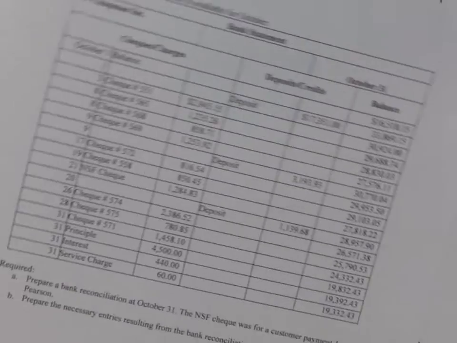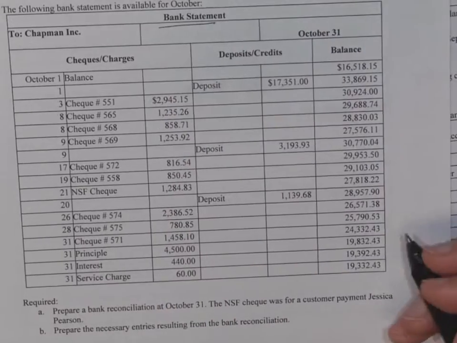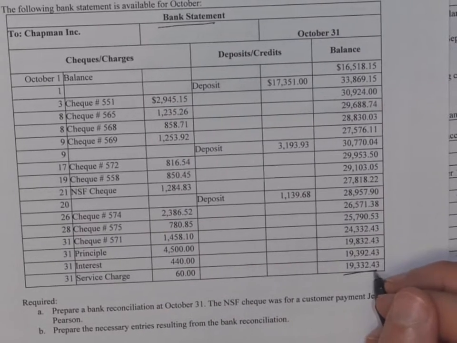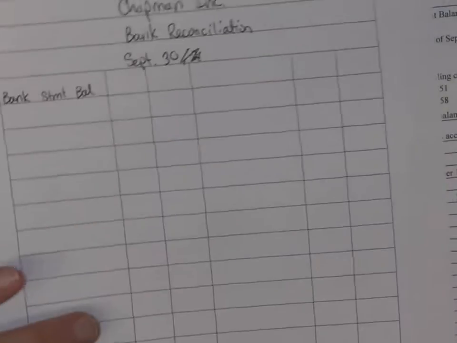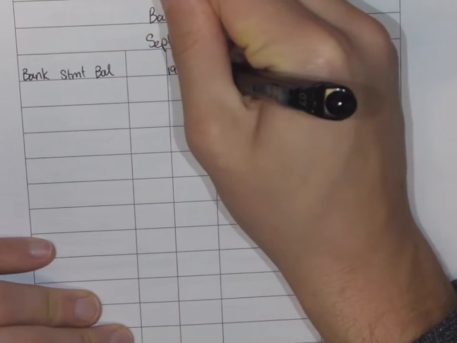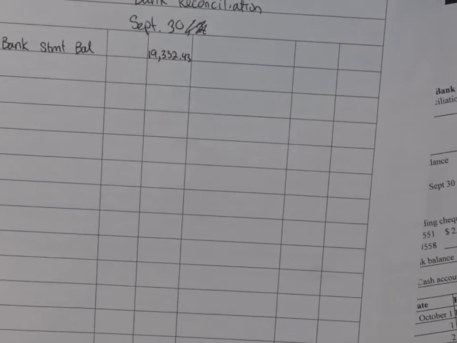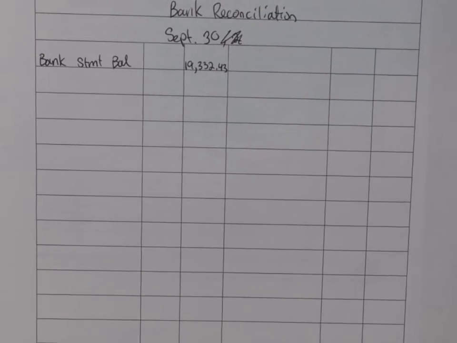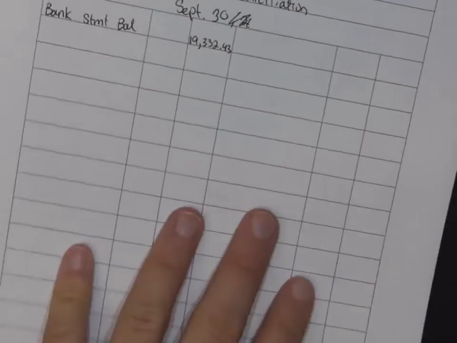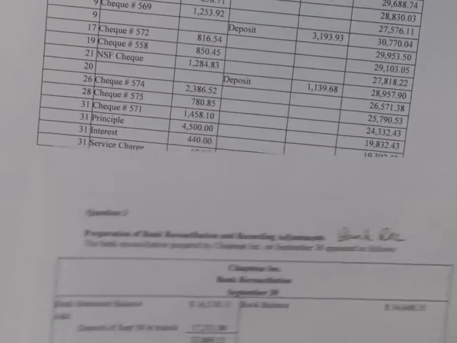Our bank, which unfortunately for this example is on the other side of the page, is the bank statement, and we have a balance of 19,332.43. Now what we're looking for is anything that is in our books that is not in our bank statement. So it's more about comparing the two.